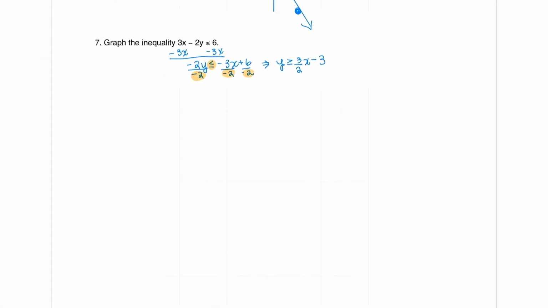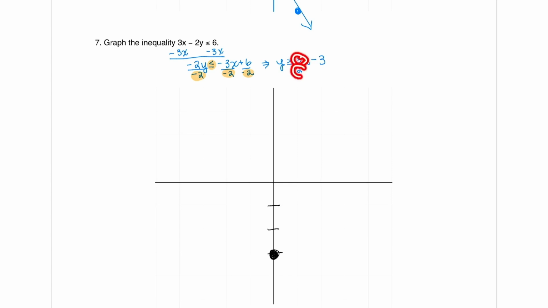Okay, I'm going to go ahead and sketch our x and y axis here. So we're going to start on our y-axis at negative 3. Then from that point, we're going to go up 3 and to the right 2.